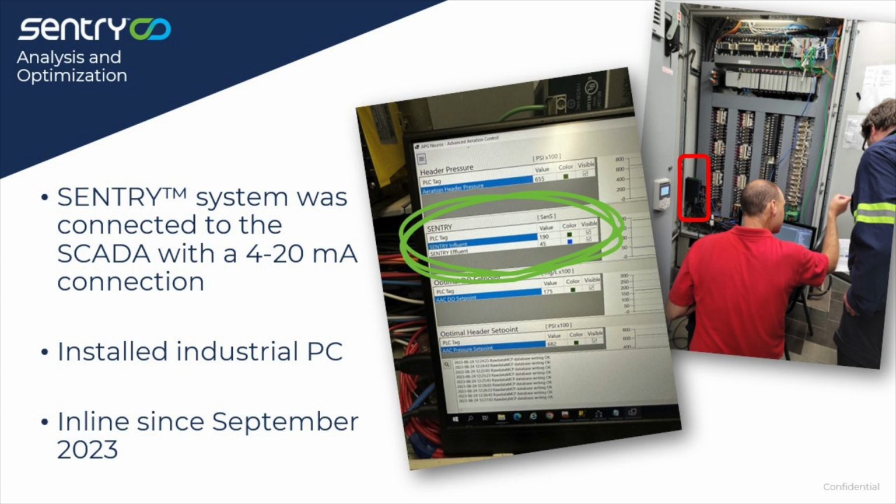And in the right picture, you can see that small red box where I have highlighted the small industrial PC connected to the SCADA system. So when we installed the industrial PC, we brought the Sentry signal into the SCADA system, and now the control system is in line helping the treatment plant optimize their aeration since 2 weeks back.